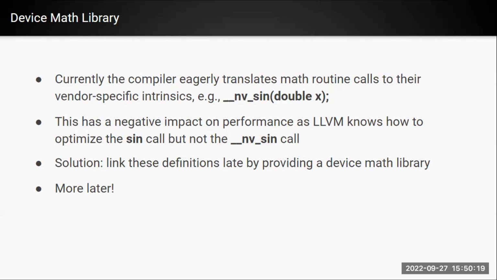So how do math functions work in Clang for CUDA, HIP, SYCL, OpenCL, OpenMP? It doesn't actually matter what you do, any offload kind of thing. And I say in Clang, most other compilers do the same or something similar. There are exceptions though. So if you're interested, we can talk about it later.